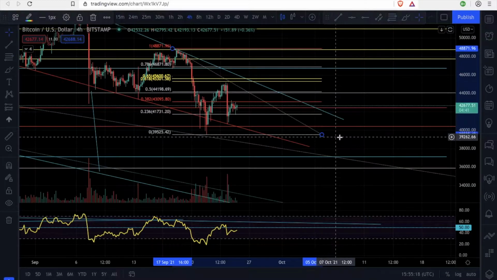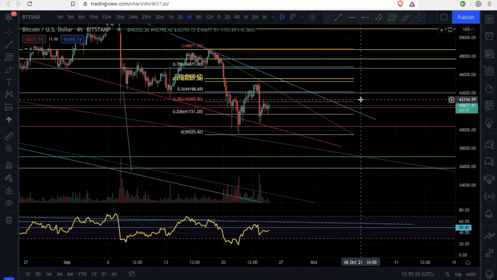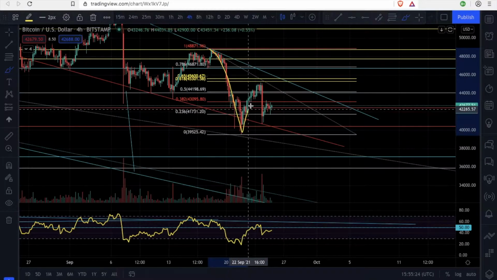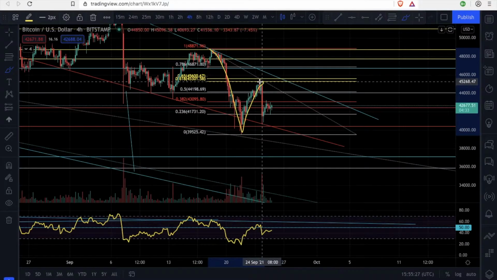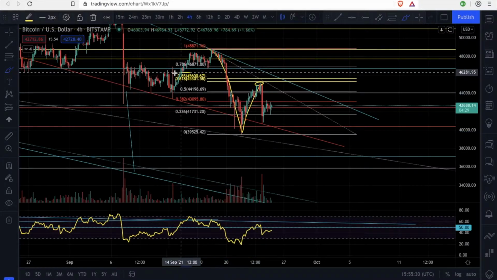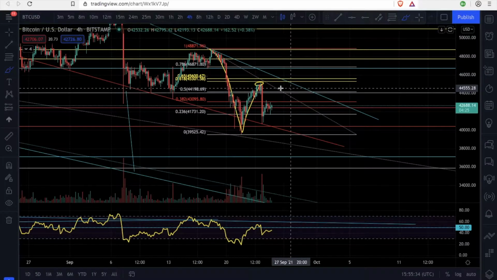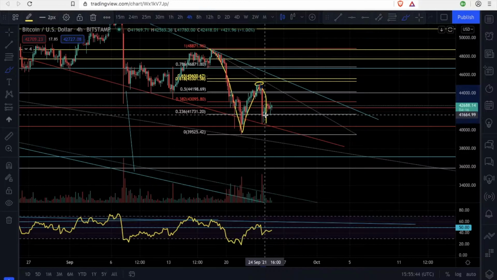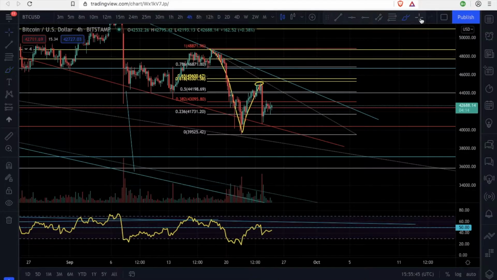You can see right here that the Bitcoin price had a retracement bounce and was very close to the 0.618 Fibonacci retracement and the 0.65 Fibonacci retracement, and now a huge rejection. And not only that, but right now I have a strategy which I'm going to be talking about right here.